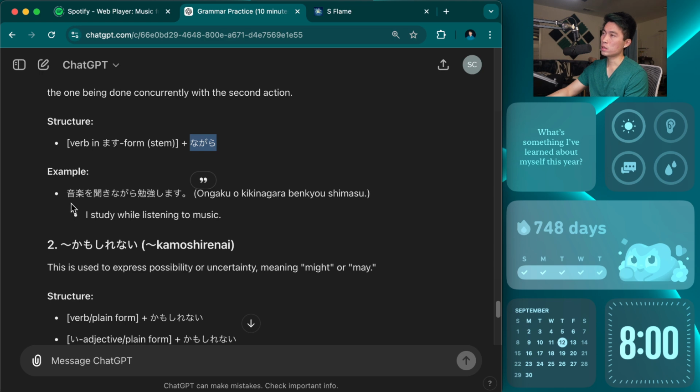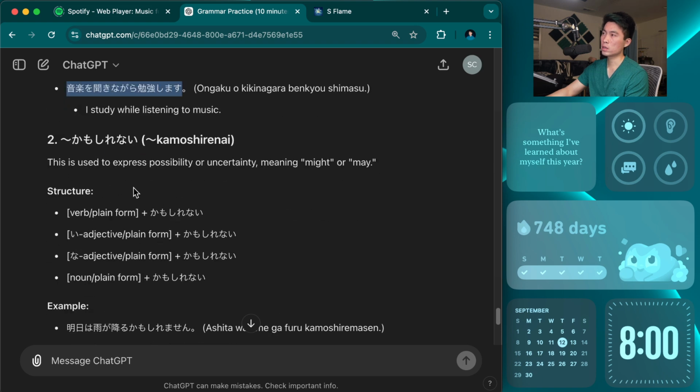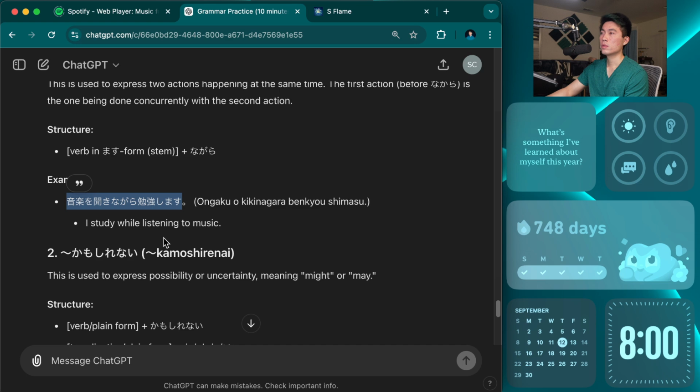So the example they did is 音楽を聴きながら勉強します. Studying while listening to music. 今は日本語を勉強しながらストリーミングの練習します. That's like an example.